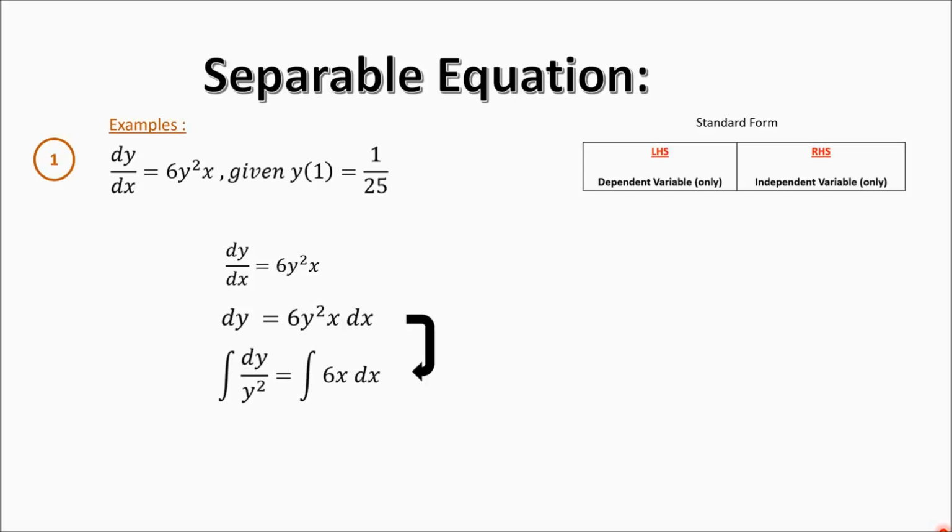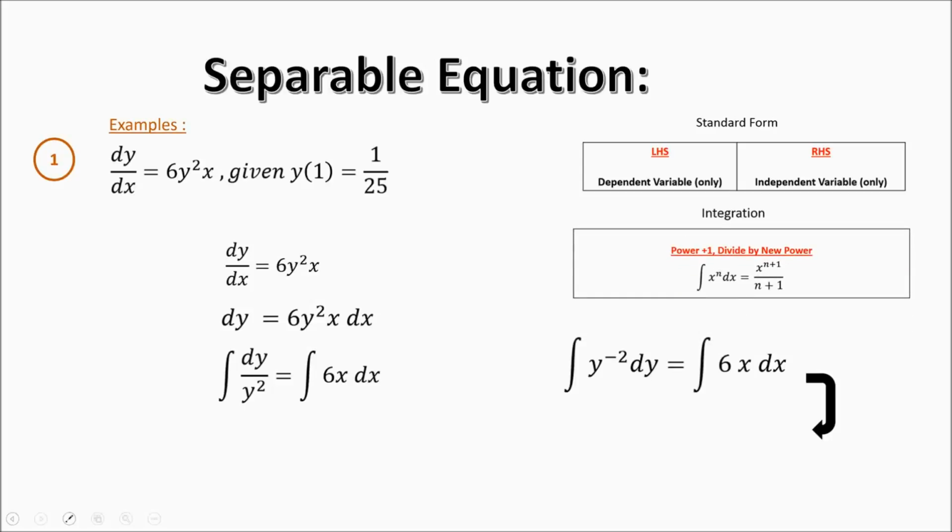We will get two integration answers. How this y to the power of negative 2 came about is by shifting your y squared up. And now we can do integration following the formula, which is power plus 1 divided by new power.